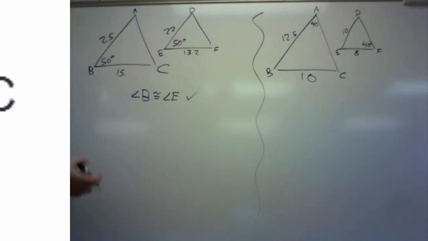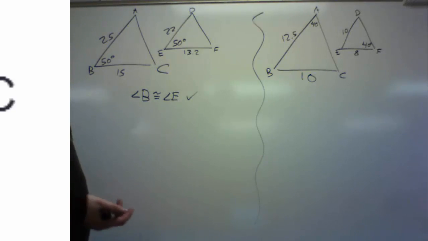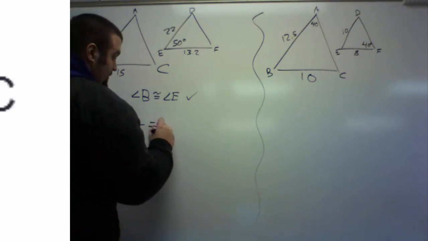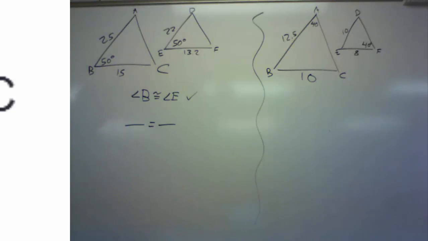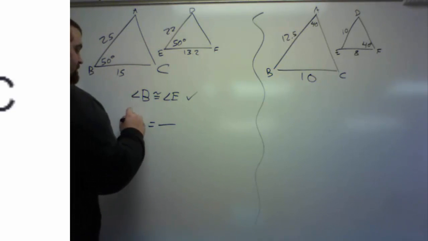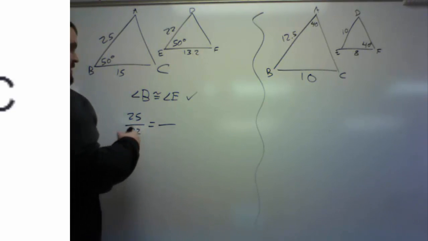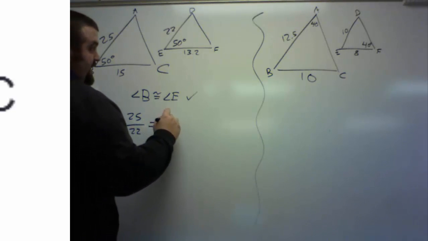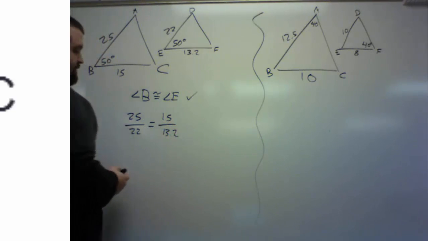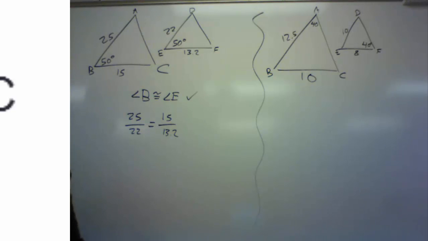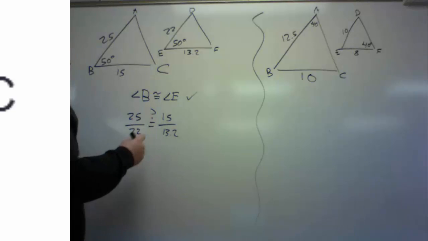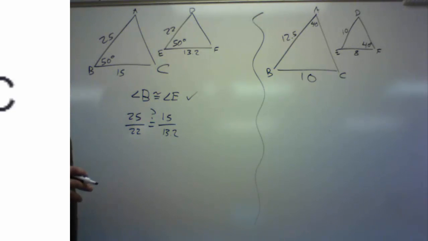So now, if I'm trying to prove that these two triangles are similar by side, angle, side, I need to show that their sides are proportional. Now, how it should go is longest side to longest side, so 25 to 22. It should also go then shortest to shortest, 15 to 13.2. Now that I have the proportion set up, if this is true, I can now say those two triangles are similar.